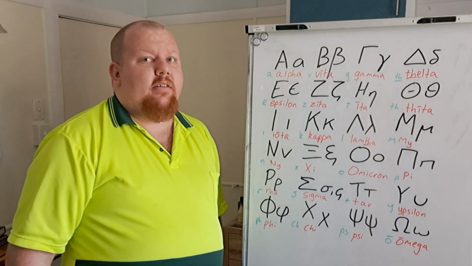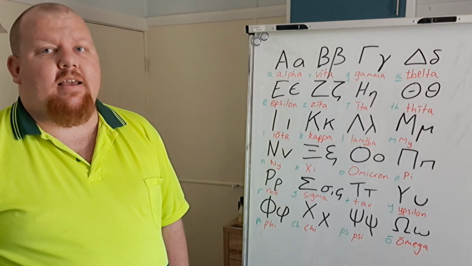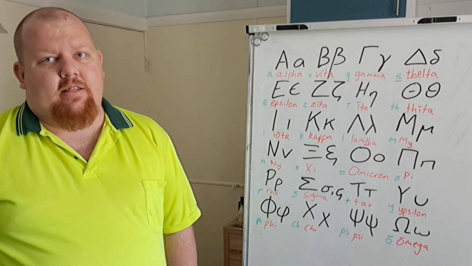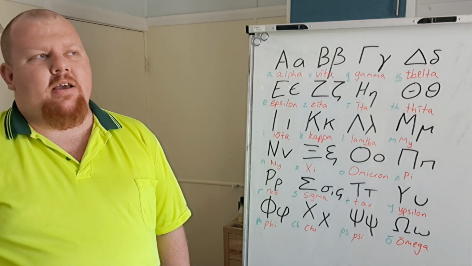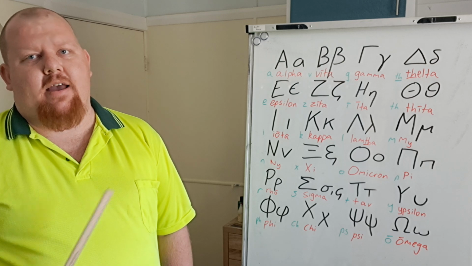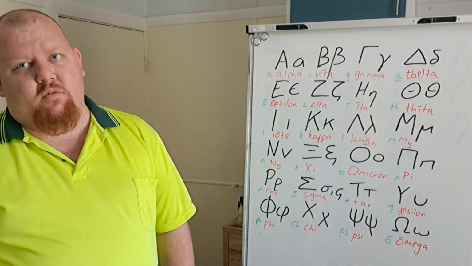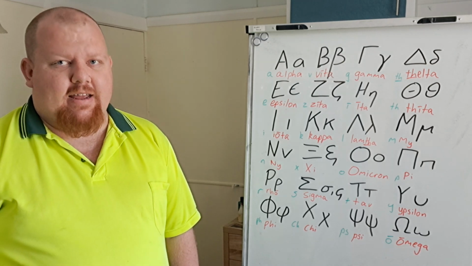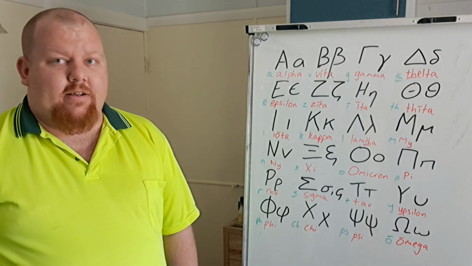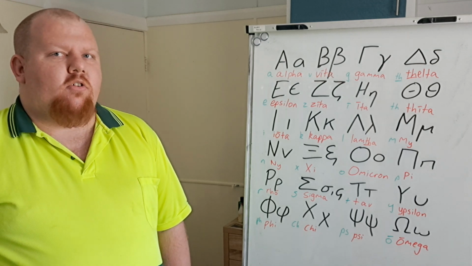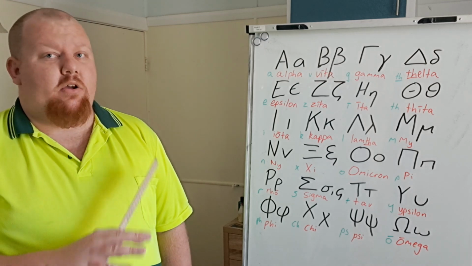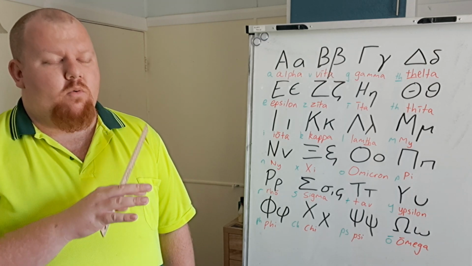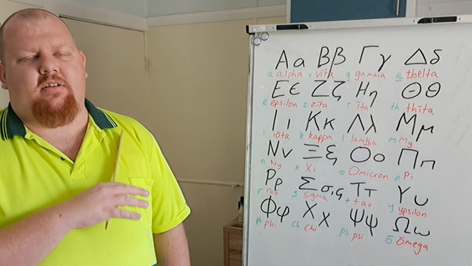The next letter is xi. It is pronounced like the letter X, but in English, when we see the letter X, usually we don't have the KS sound unless it's at the end or in the middle of a word like six, fix, things like that. So at the beginning of a word, usually we read it as a Z, like xylophone, but in Koine Greek, or in modern Greek, they always pronounce it x.